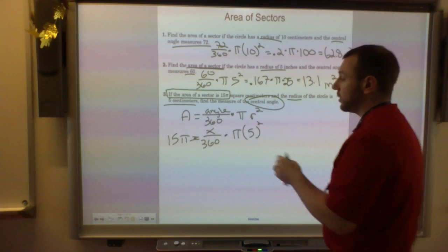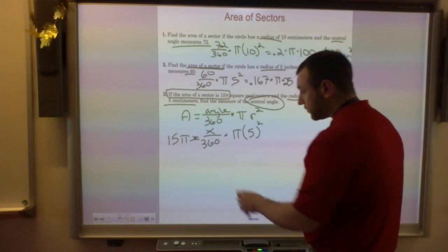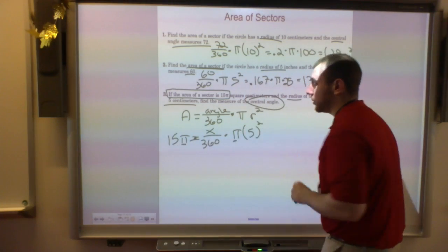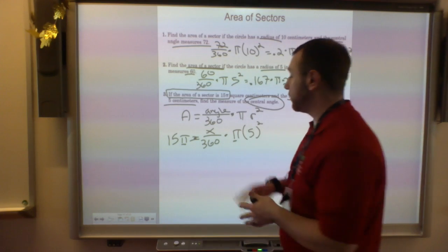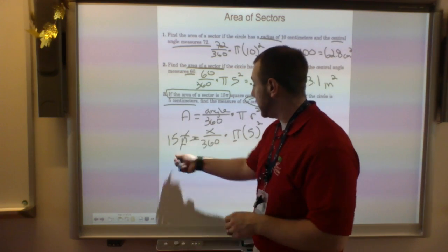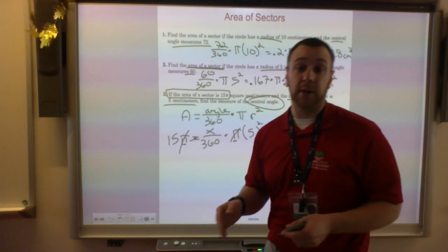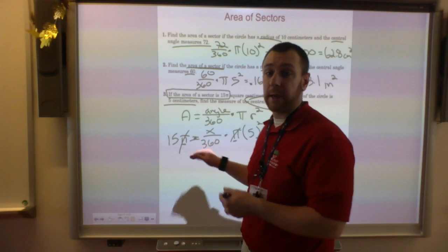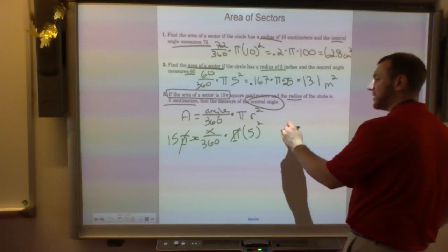So, the first thing I'm going to do, and have to notice on this, you notice that pi's are on both sides? So, when they're on both sides of the equation, and I'm solving, they actually cancel out when it's all multiplication. It's like dividing both sides by pi, they just cancel out to 1. So I can make this a little bit easier.